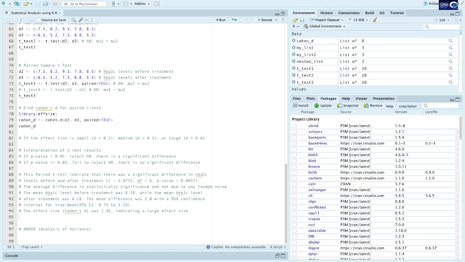So we say there is a significant difference between the observed and expected. Chi-square is 5, degrees of freedom 5.